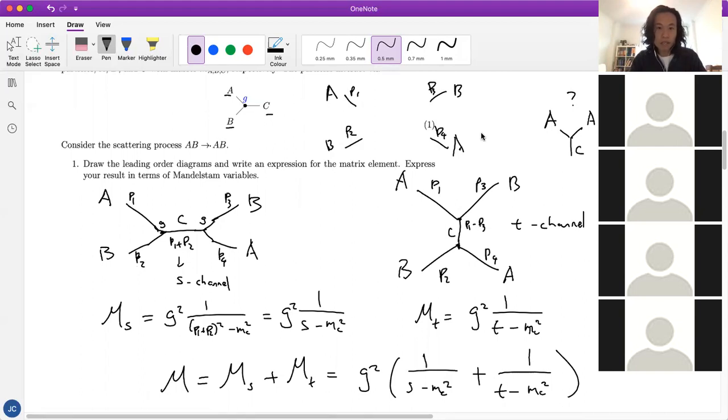Okay, yeah, that makes sense. Yeah, so when you ask why you can't have the U channel, it's because in order to write this S channel diagram, we specifically fixed these 2. So then I can't flip them later.